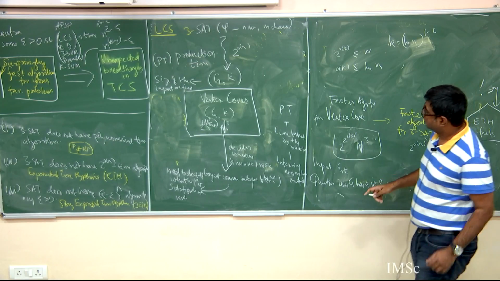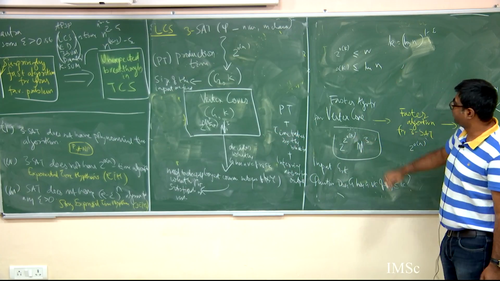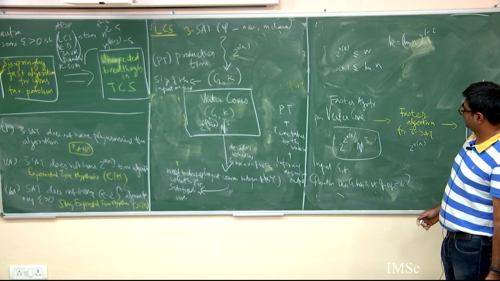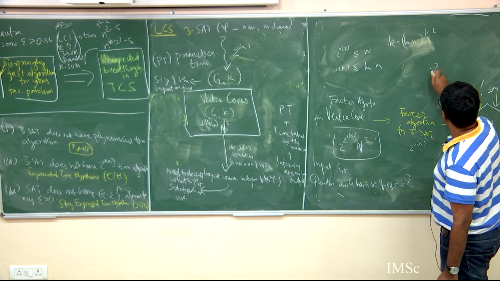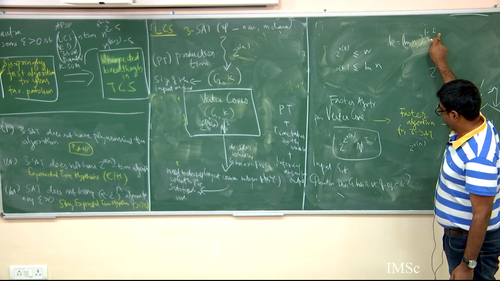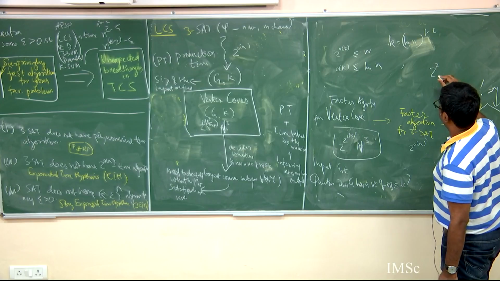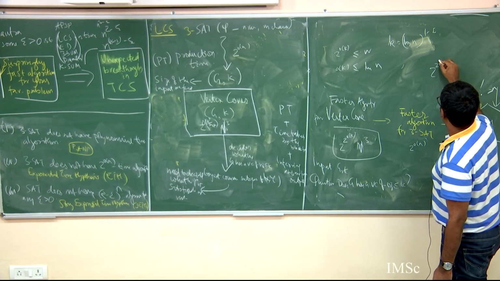So now I run this algorithm with this parameter, then 2 to the power little o of k is nothing but 2 to the power little o of (log n)^(1 minus epsilon).